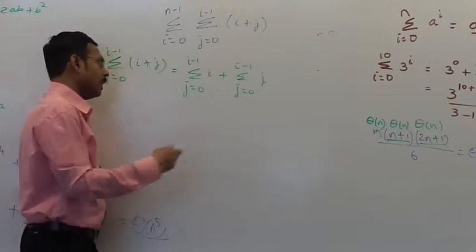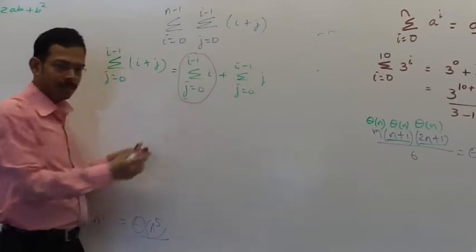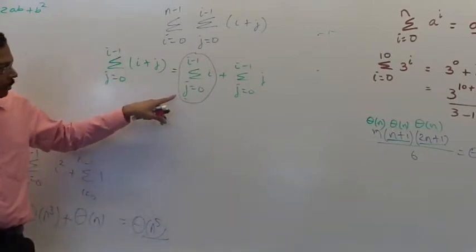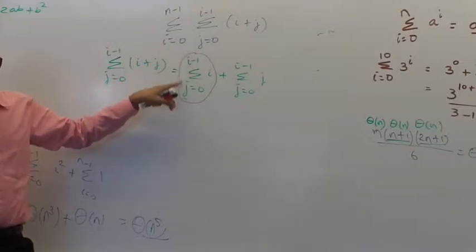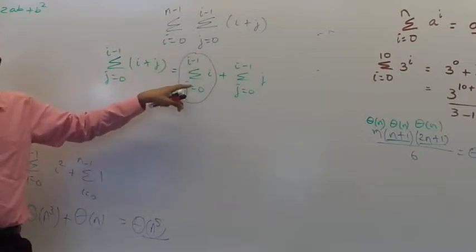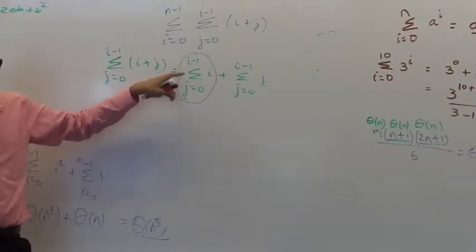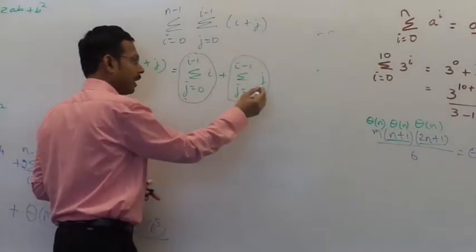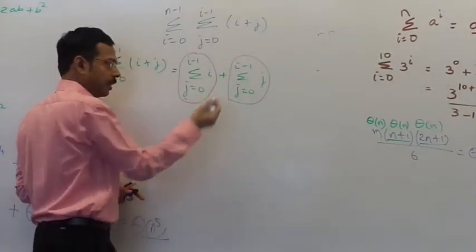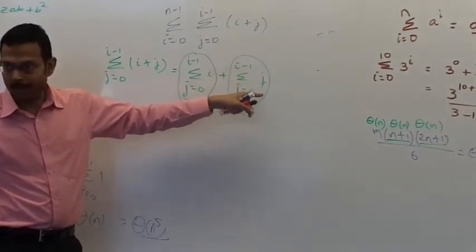The only variable in this summation is j, because it's only j's value that goes from 0 to i minus 1. So i is a constant in the summation. Similarly, here again, i is not inside but in the upper limit, and it's again a constant. So only j varies here.